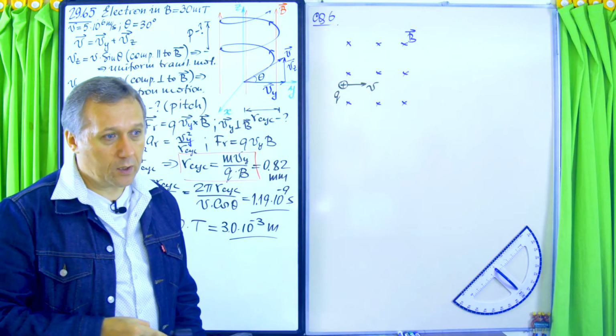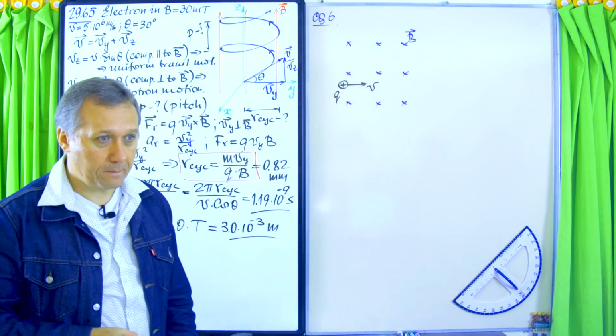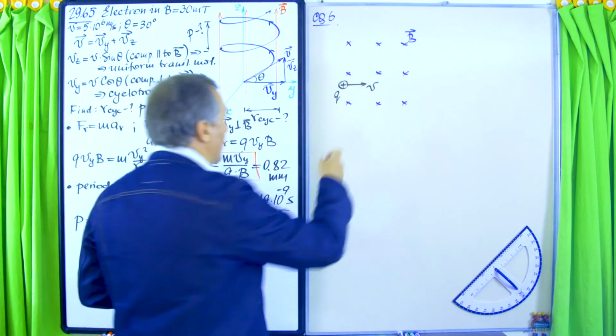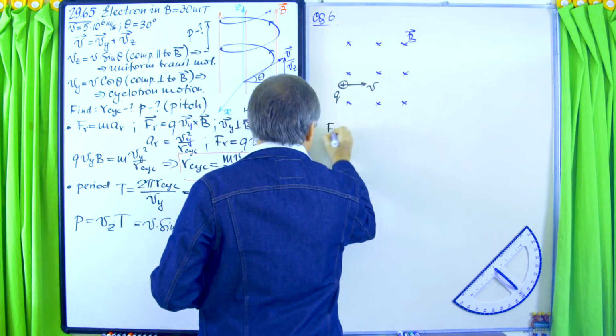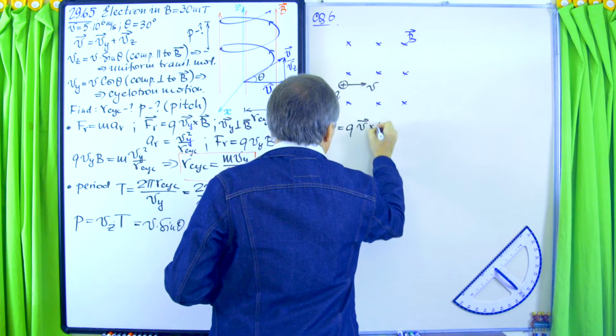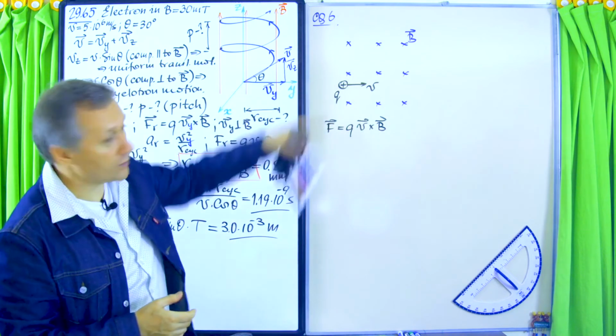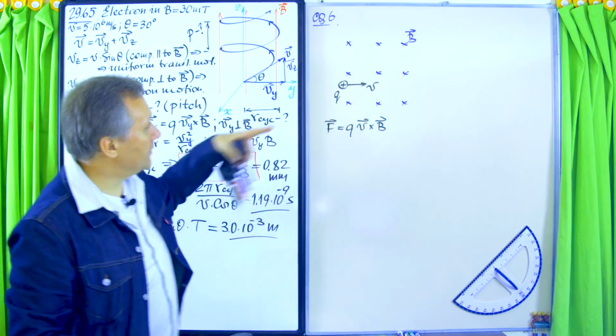In which direction is the trajectory going to be bent, right? Again, it's just an application of the magnetic force, Q V cross B. B direction is given into the board, V that way.